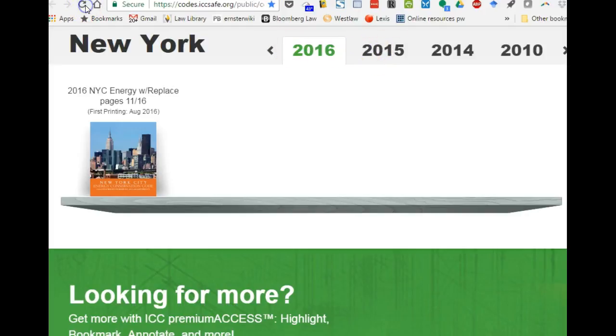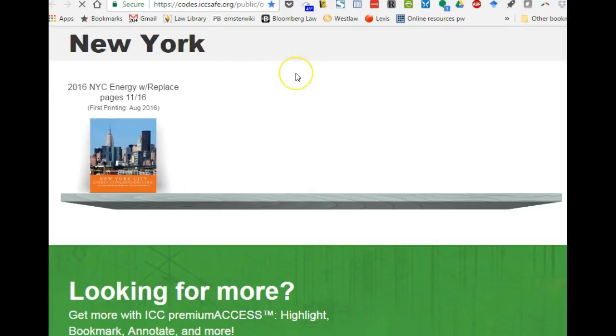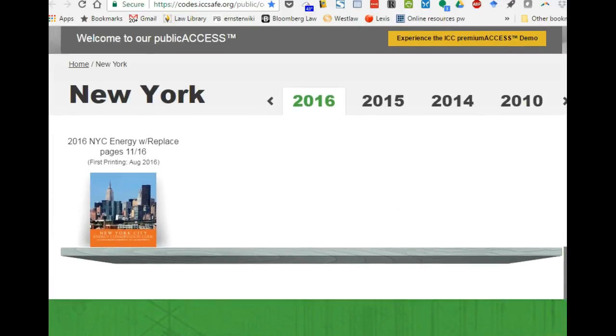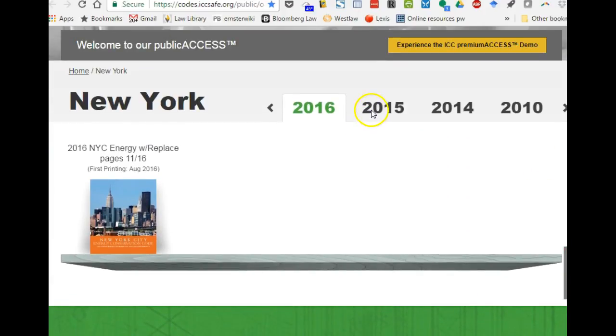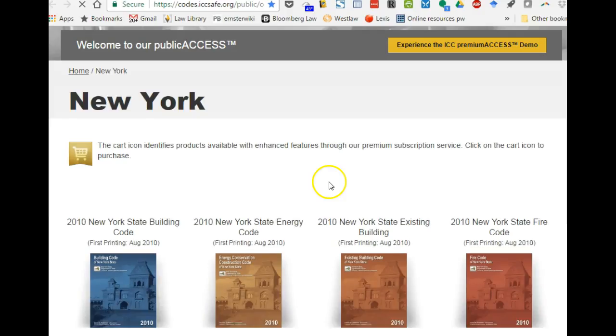Let's try to reload that. Serves me right for being creative. Well, we did see it. I'm not quite sure why this isn't working. Try one more time.